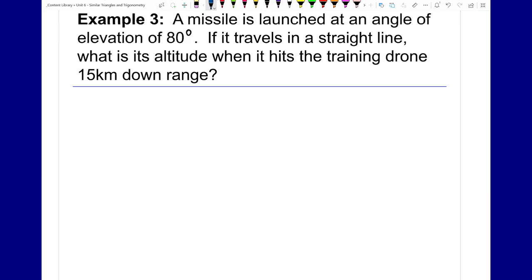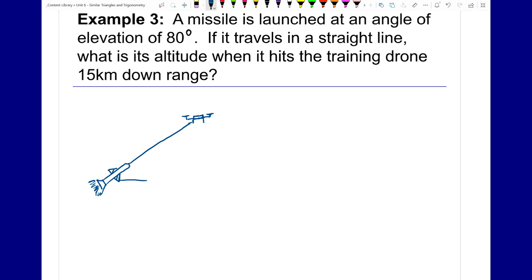If I roughly draw this, we have a missile that's being launched, traveling in a straight line, so we can already see where our triangle is going to be. Now it hits a training drone downrange, and it is 15 kilometers downrange.